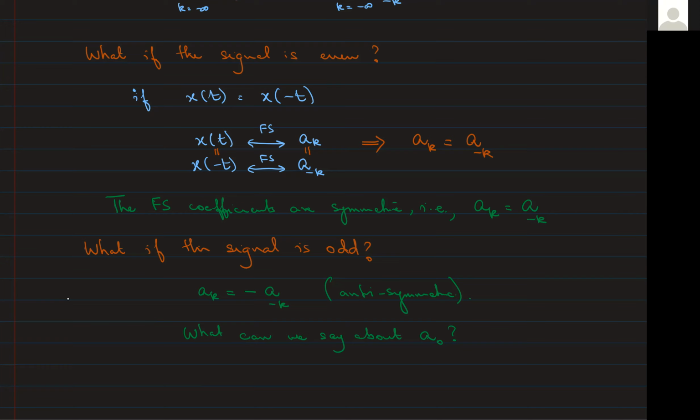Yes. Here a0 equals minus a of 0, and the only number that satisfies this condition is 0. The only number that is the negative of itself is 0.